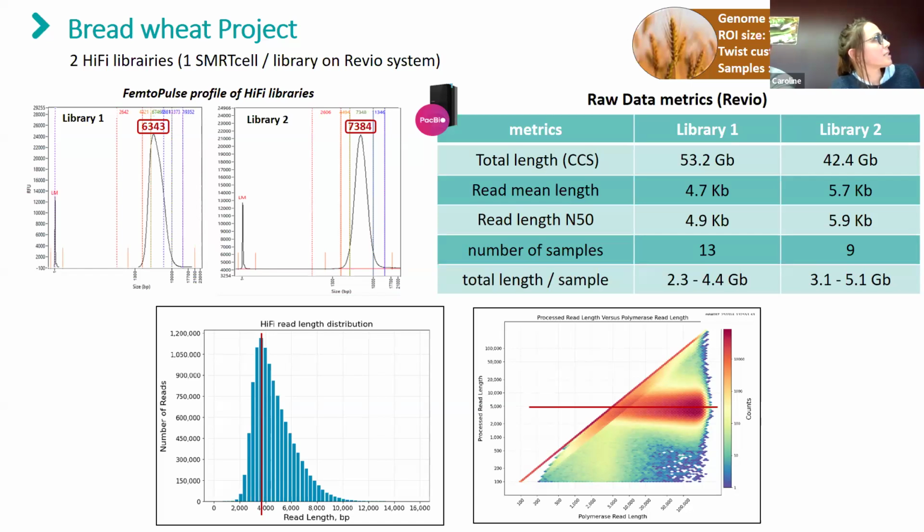We sequenced 13 genotypes on the first library and 9 on library 2, and the yield per sample was between 2.3 and 5.1 gigabases of HiFi reads.